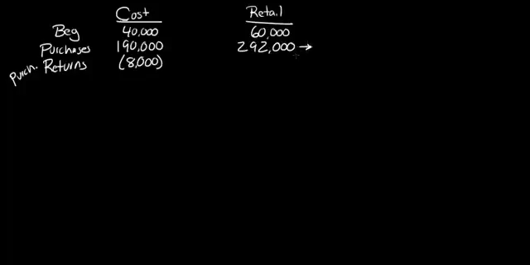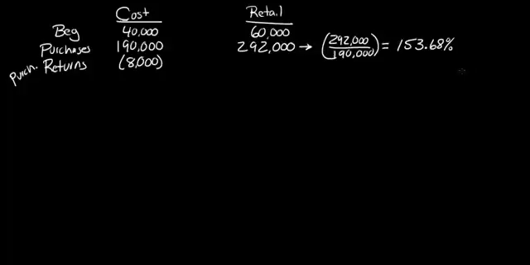Now, to get this number we need to figure out what the markup is. If we take the number 292,000 and divide it by the 190,000, we get this ratio, 153.68%.